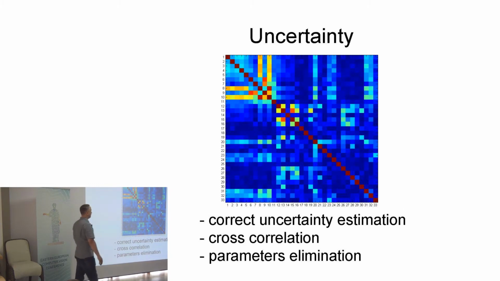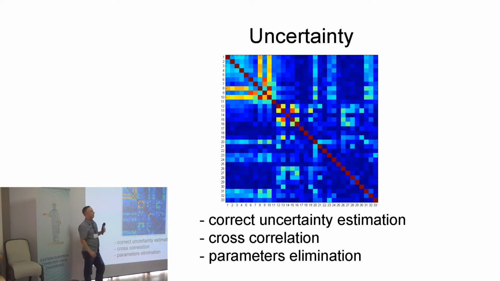Why is this happening? Because well-known packages just take part of the information matrix, without eliminating the correlation between parameters, just taking its diagonal values to represent uncertainty.